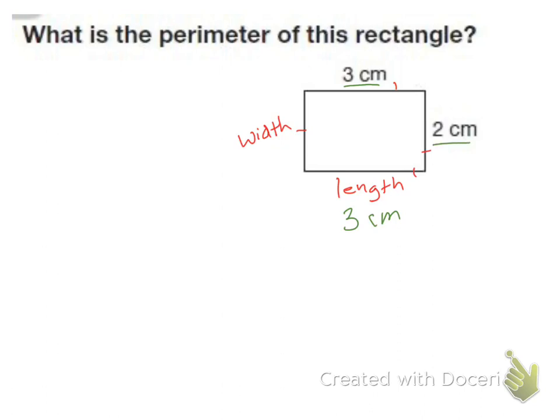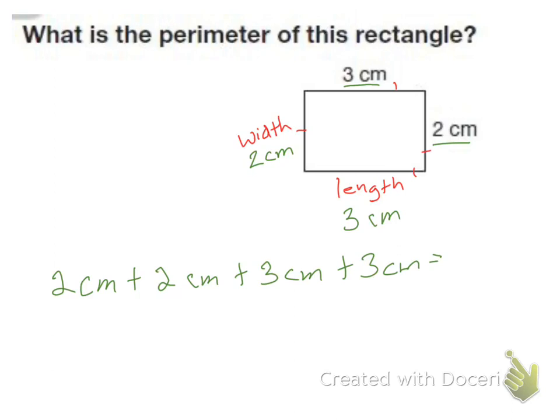If the right side is 2 centimeters, the left side is also 2 centimeters. So the perimeter is 2 centimeters plus 2 centimeters plus 3 centimeters plus 3 centimeters. 2 plus 2 is 4, plus 3 is 7, plus 3 is 10. So my answer is 10 centimeters.